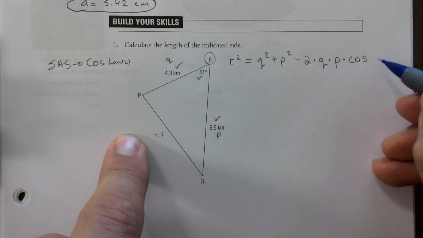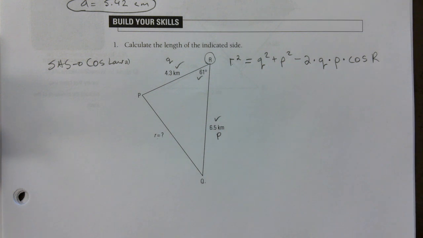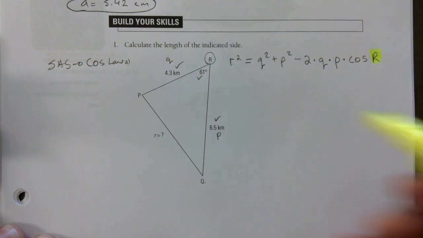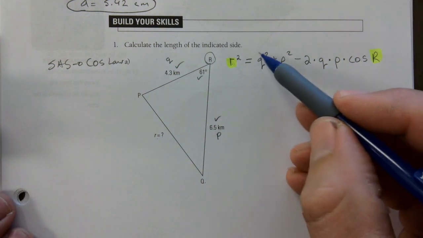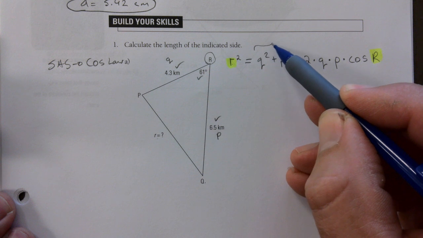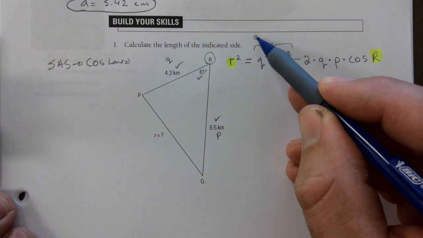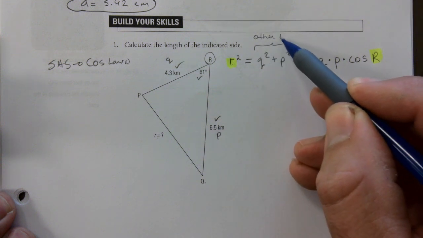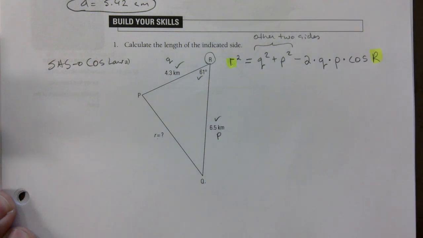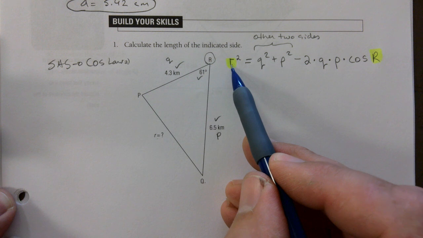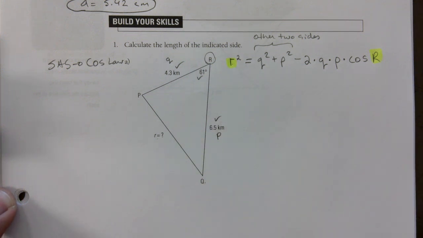Capital R. Okay, so I will highlight that. These are, I will say this, other two sides, right? So the R is here and it doesn't show up again.